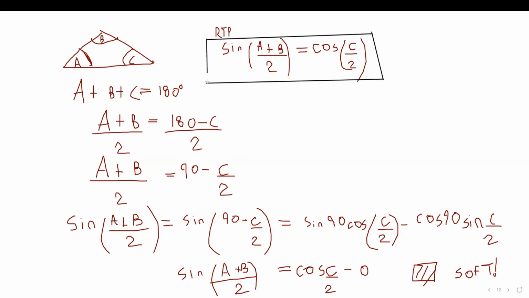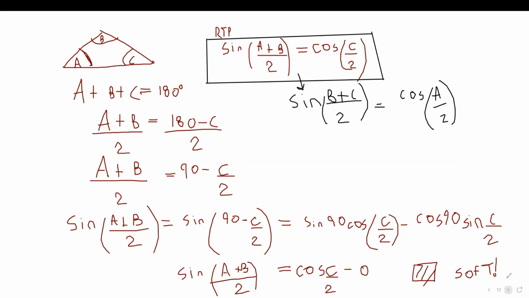If you replace A plus B with B plus C, you realize that the sine of B plus C over 2, when you have A plus B, you end up with a cos C over 2. So B plus C will give you a cos A over 2. Yeah, man, it's just that easy.